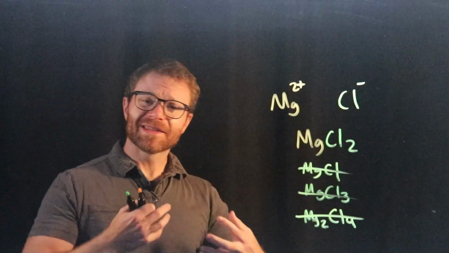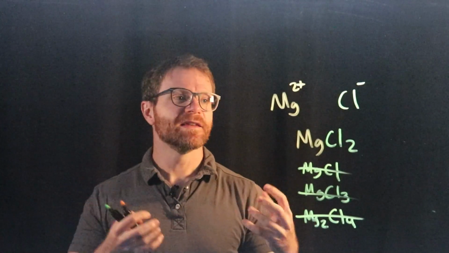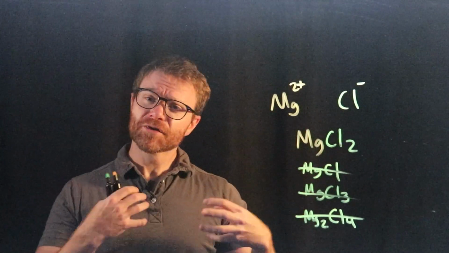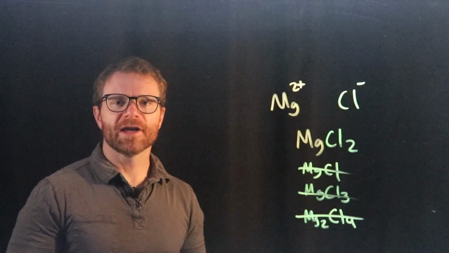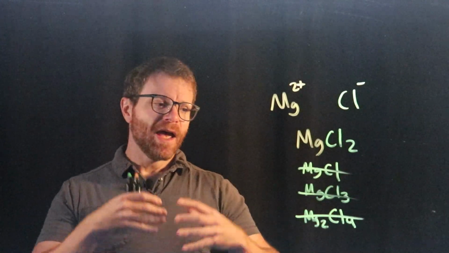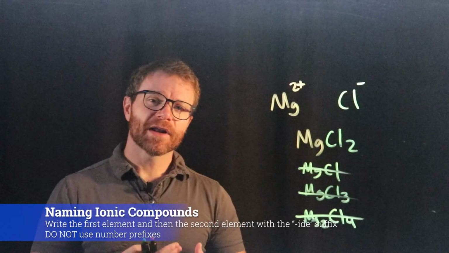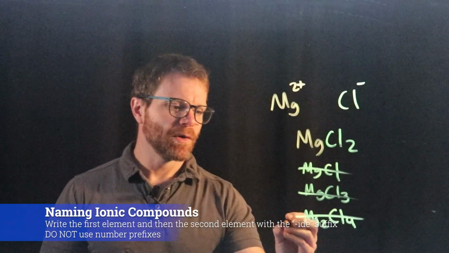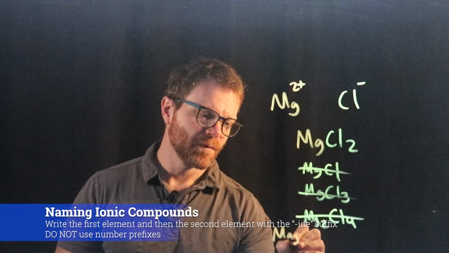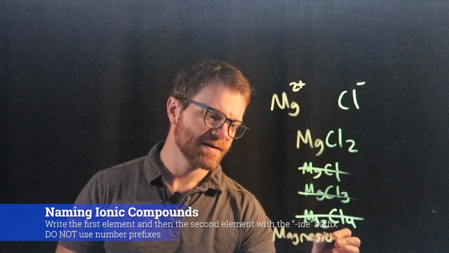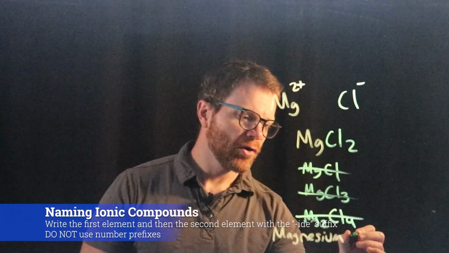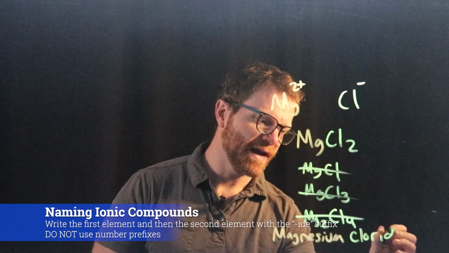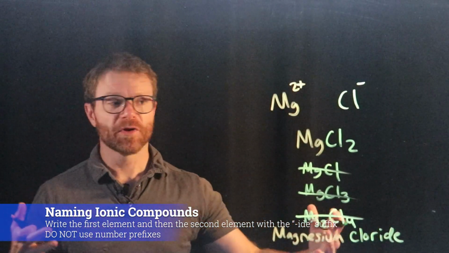Because ionic compounds have balanced charges and they exist in these giant crystal lattices, there's really only one way of putting an ionic compound together. And because there's only one way of putting an ionic compound together, you really only need to give it one name. So we would just call this magnesium. We just say the cation as is, and then chlor, and then give it that "ide" suffix, magnesium chloride.